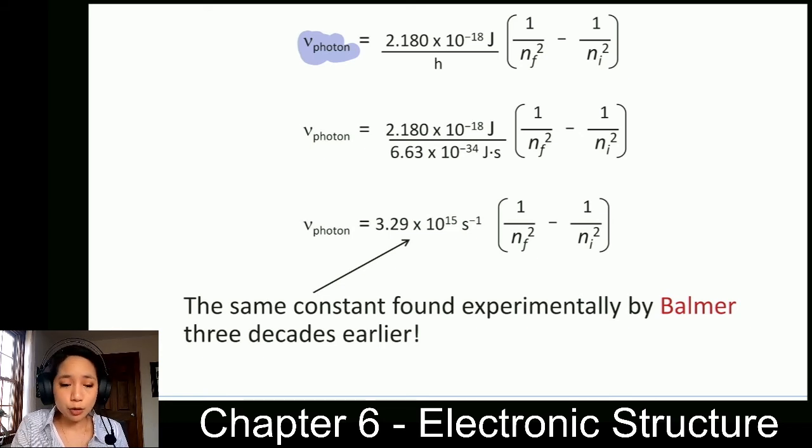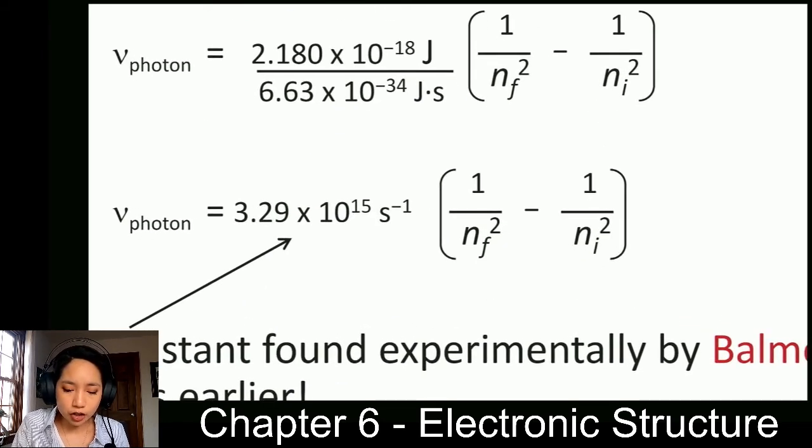And if you remember the Balmer series equation, you saw that this first term was 1 over 2 squared. So that means what he was calculating was assuming that the final energy level was the second, n equals 2.